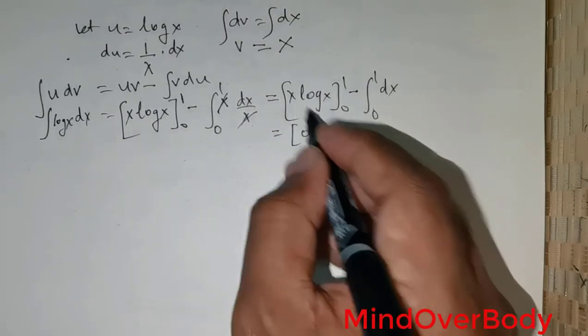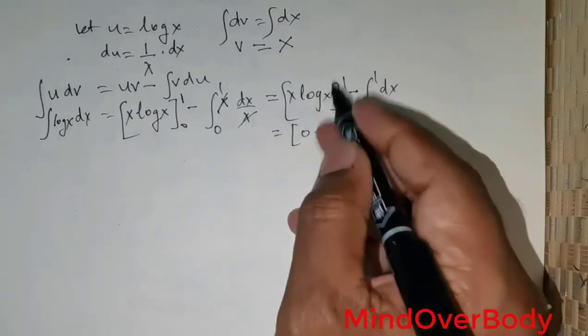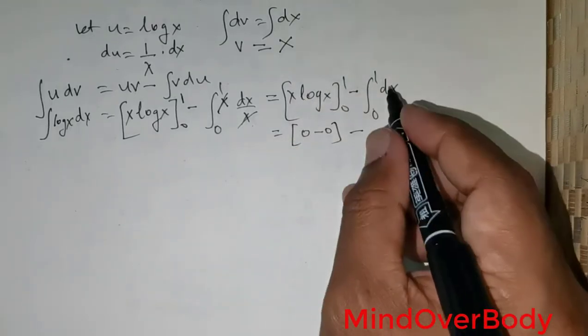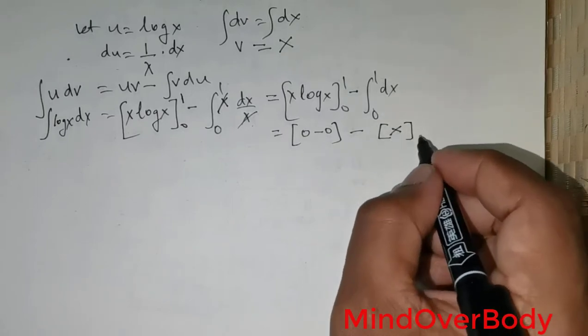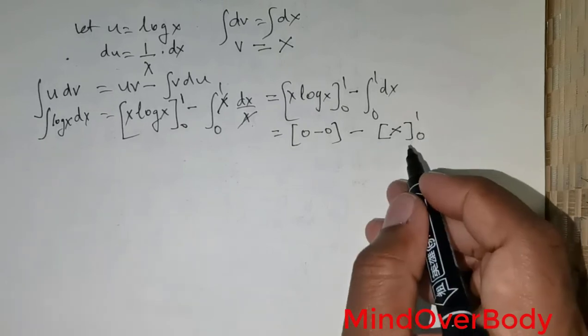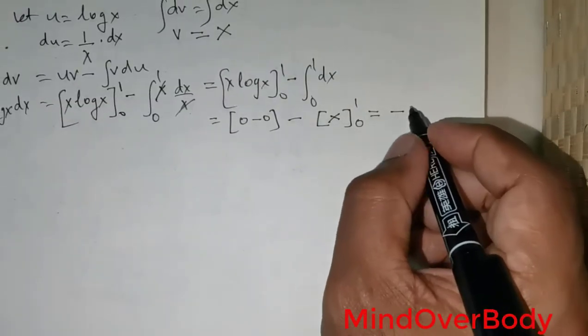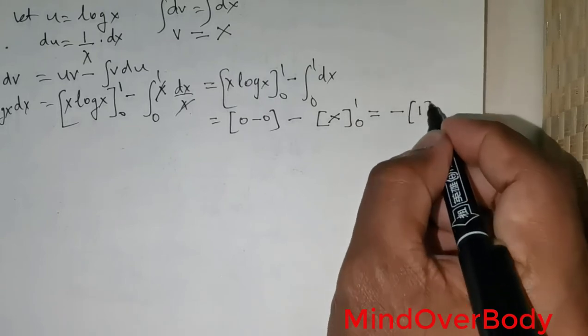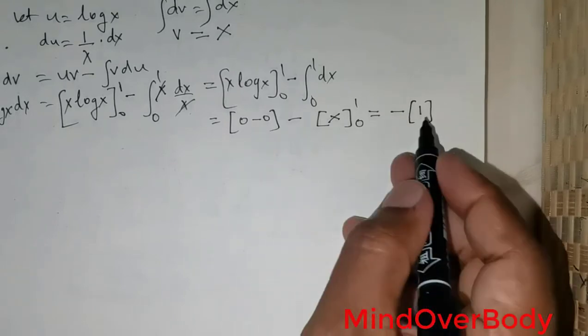Lower limit, you got x is equal to 0, so you get 0 there for that particular quantity present here, followed by integral of dx is going to be x, and limits are 0 to 1, so this is equal to negative of 1. Of course 0 is there, it's not going to matter. So this is what we have got.